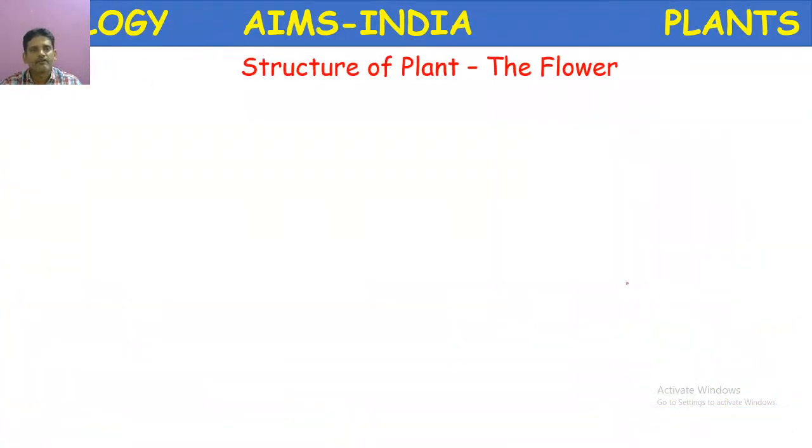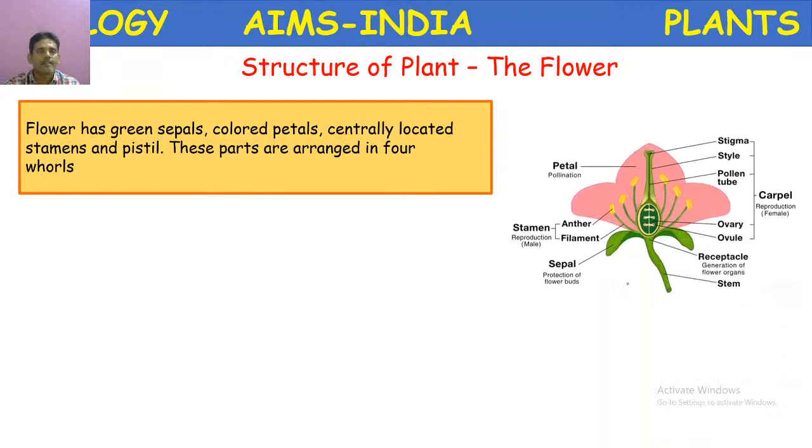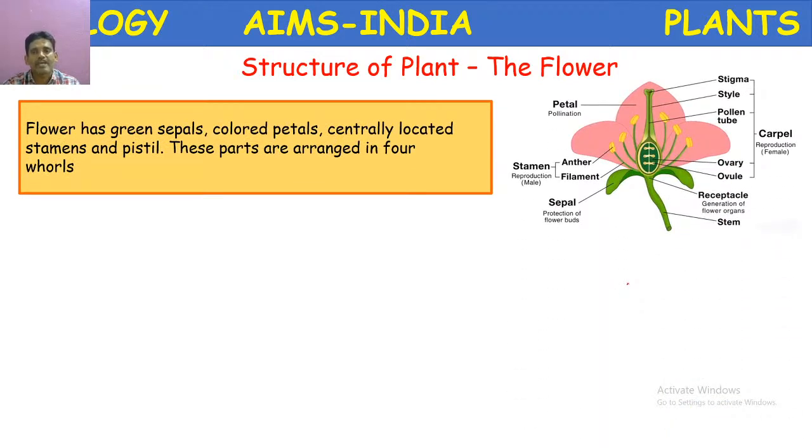Next, let us see the structure of flower. The most attractive part of the plant is the flower because it is colorful. So I bought a flower for you. This is a hibiscus flower. Let us discuss the parts of a flower.